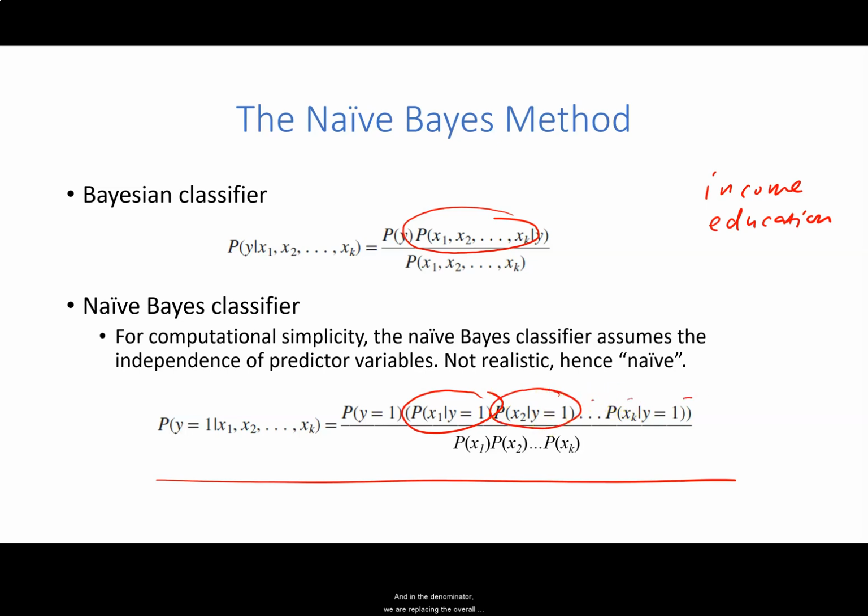And in the denominator, we are replacing the overall probability of x1, x2, all the way to xk, taking the values of x1, x2, all the way to xk, with the probability of x1 taking the value of x1 multiplied by the probability of x2 taking the value of x2, and all the way to xk.